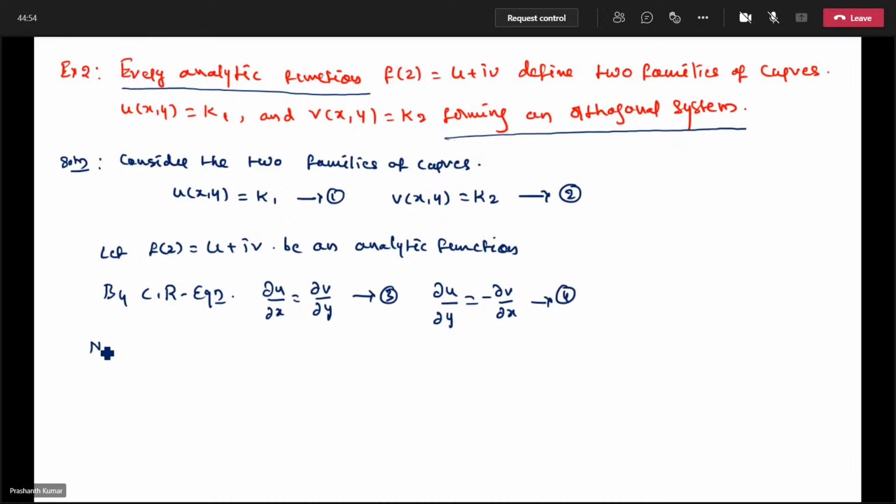Now what will we do? Differentiate equation 1 with respect to x.